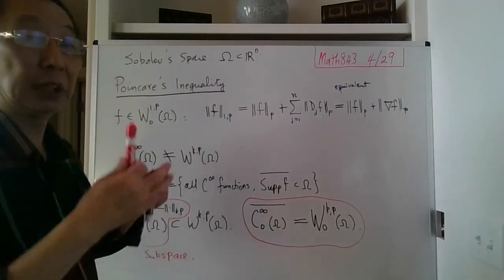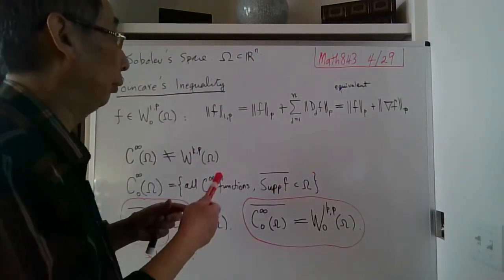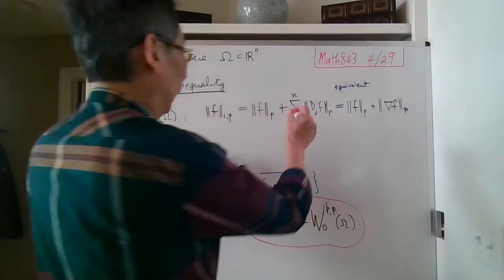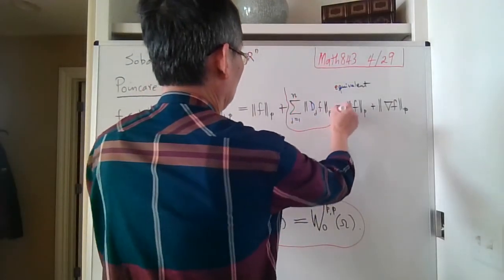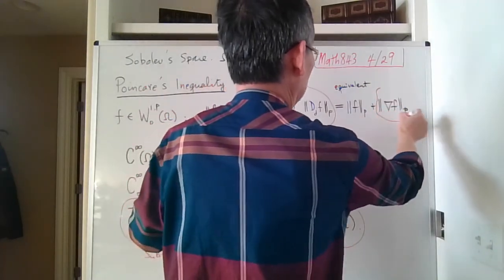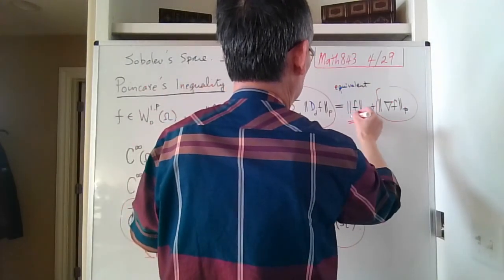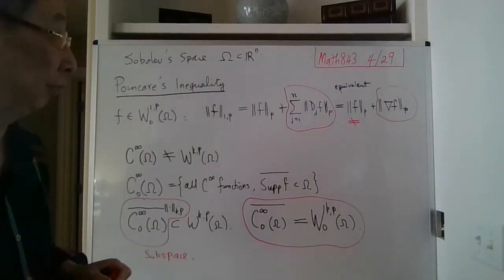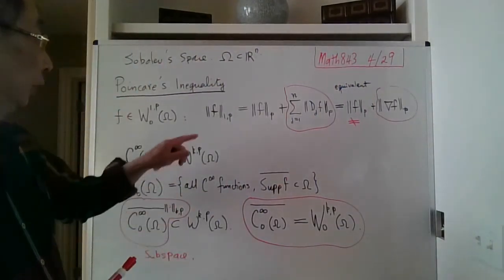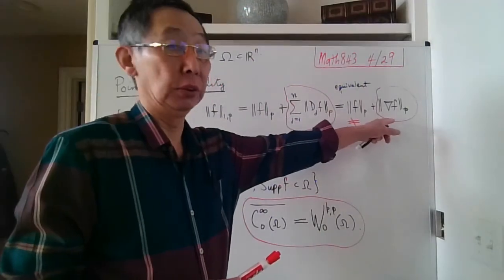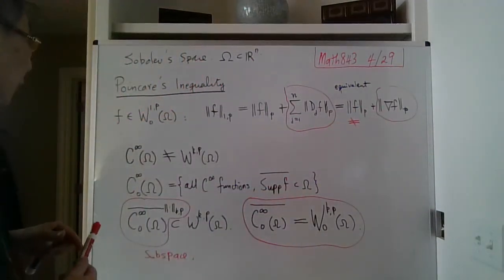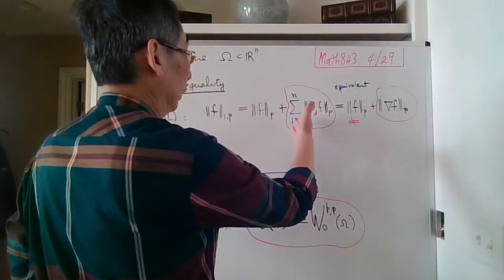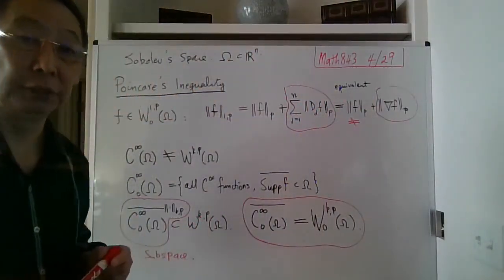Because if you take the gradient, you take all the derivatives, square them, then take a square root. In this sense they are not always equal, but they are equivalent. You can bound it from below and above. So sometimes we use this as the W^{1,p} norm. It's simpler because you don't have to use the sum, just the gradient of f is sufficient here.